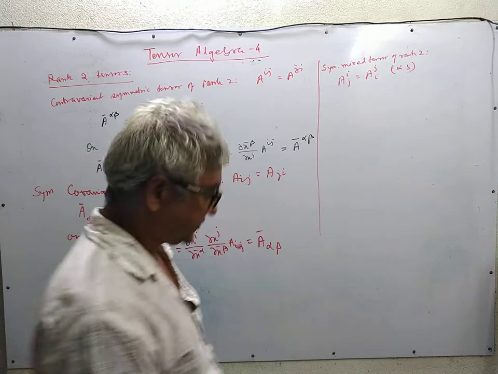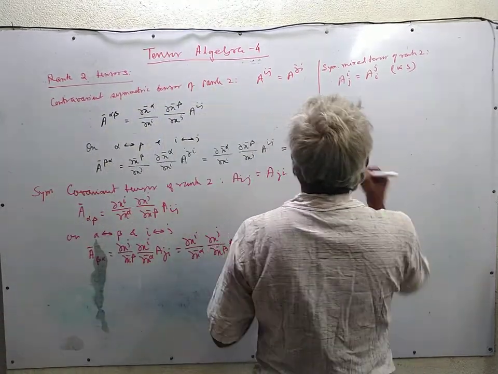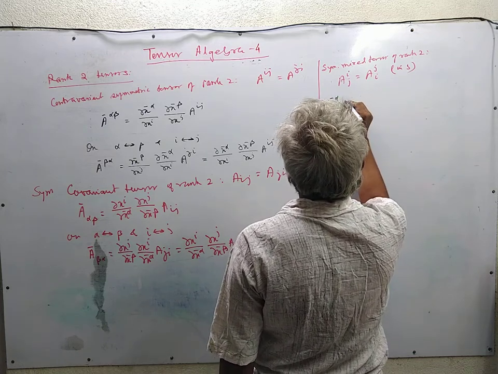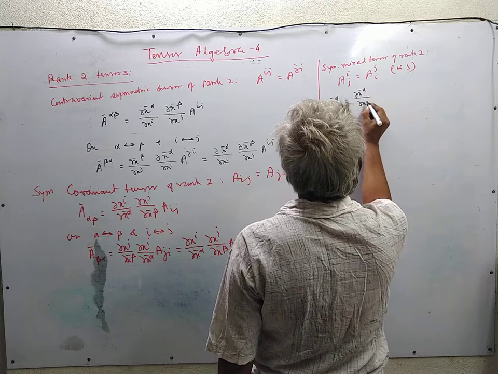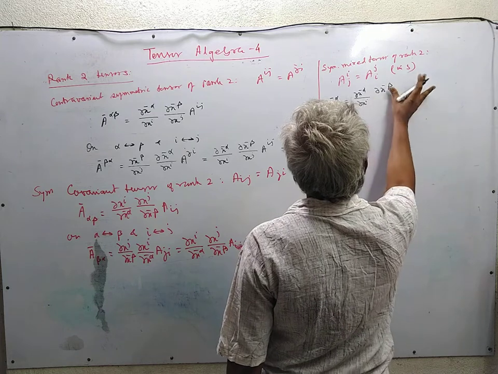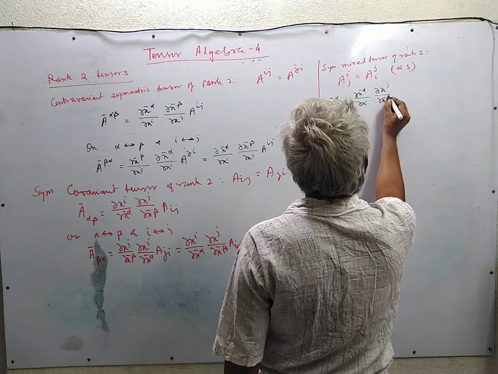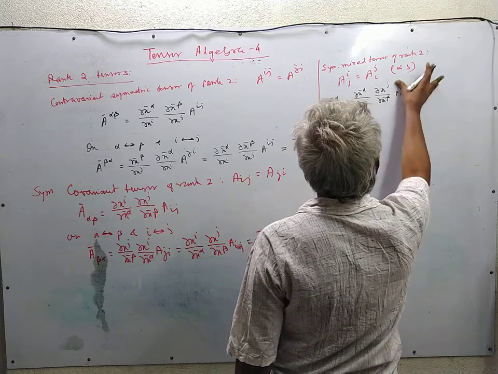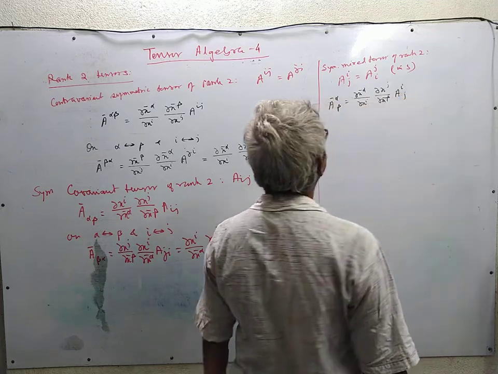So what happens in the other frame? We write the transformation relation: A bar alpha beta is equal to del x bar alpha by del xi, del xj by del x bar beta, A of ij.